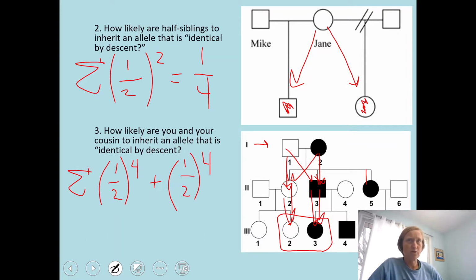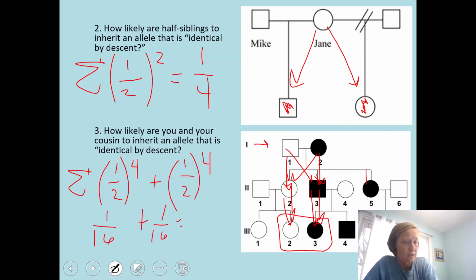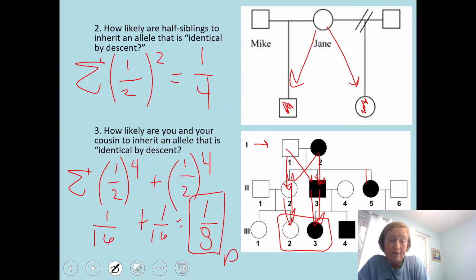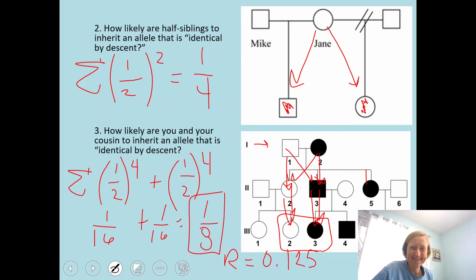That's 2 times 2 times 2 times 2: 2, 4, 8, 16. 1/16 from their grandpa and 1/16 from their grandma, which is 2/16 or 1/8. So the coefficient of relatedness is 1/8, or R is equal to 0.125, 12.5%, basically. They share on average 12.5% of their genes with each other.